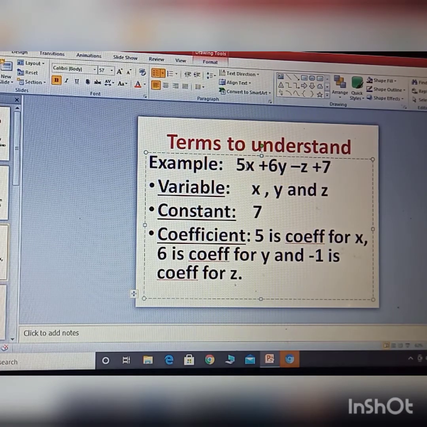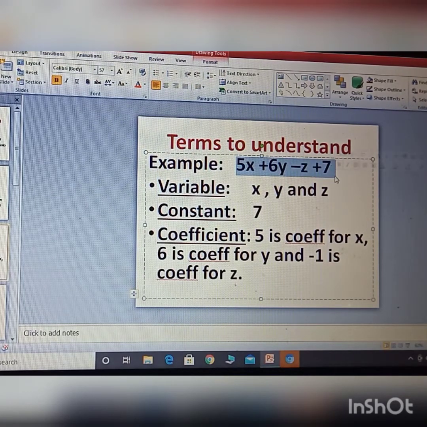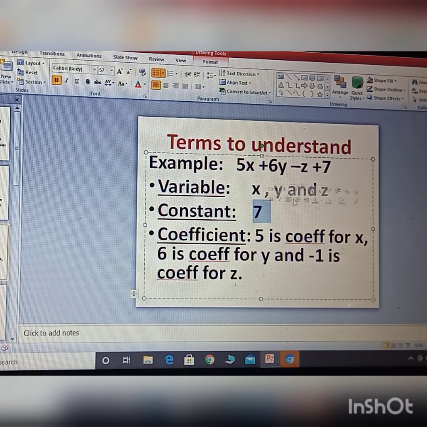So if you see this example, the alphabets being shown represent variables. Here x, y and z are the three variables. Next is constant. Here you can see 7 within this example represents a constant.